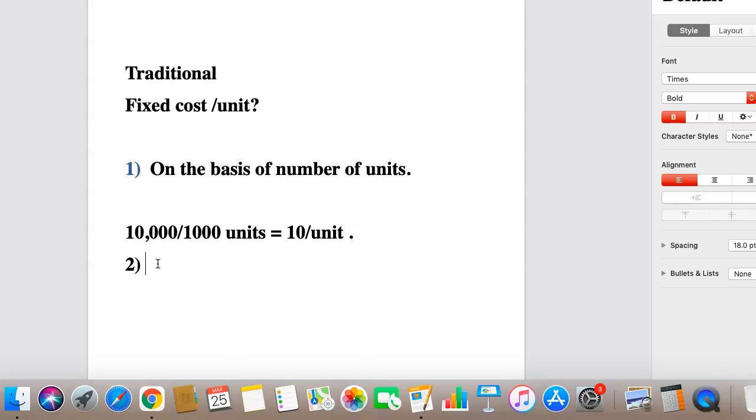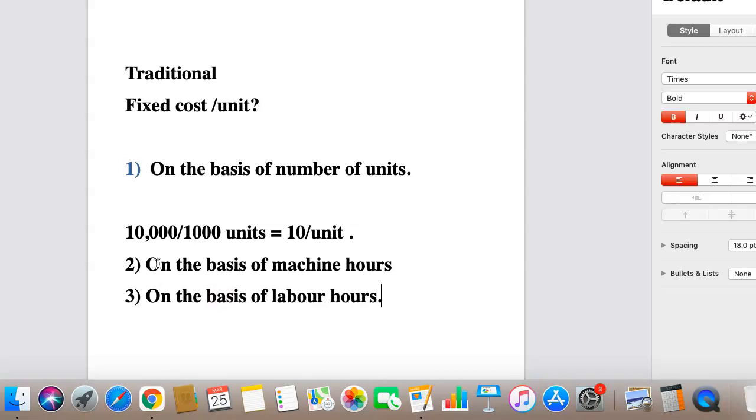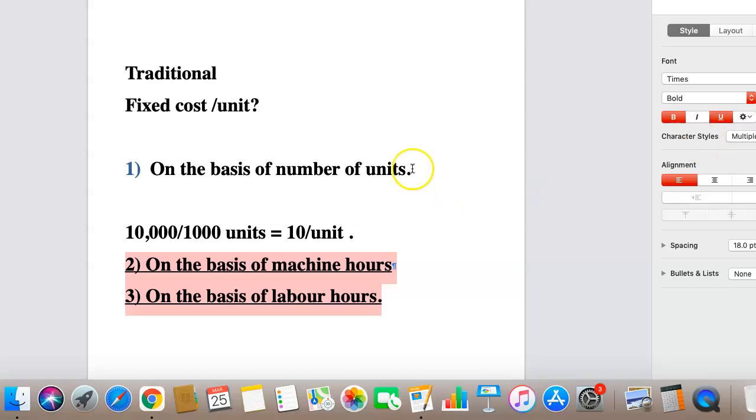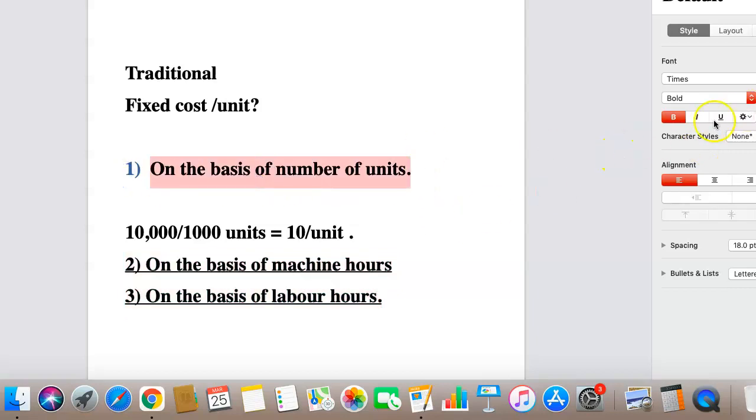So those 2 ways are on the basis of machine hours and on the basis of labor hours. Anyway, as I said, I'm not talking about this in this video. If you do not understand this, let me know in the comments section. It is a different chapter, which if required, I will do separately, right? So these are the 3 ways to calculate or absorb the fixed cost per unit according to the traditional way.